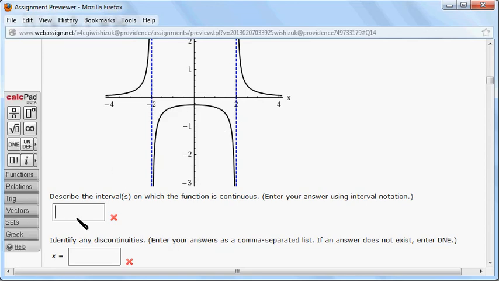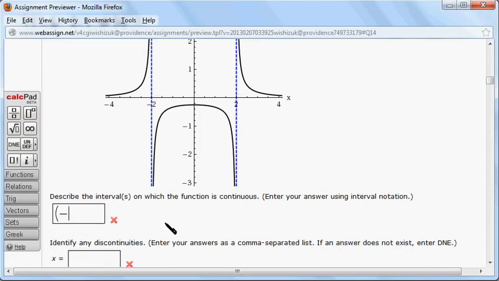So we would probably put, let's see, go from negative infinity all the way to -2, right?